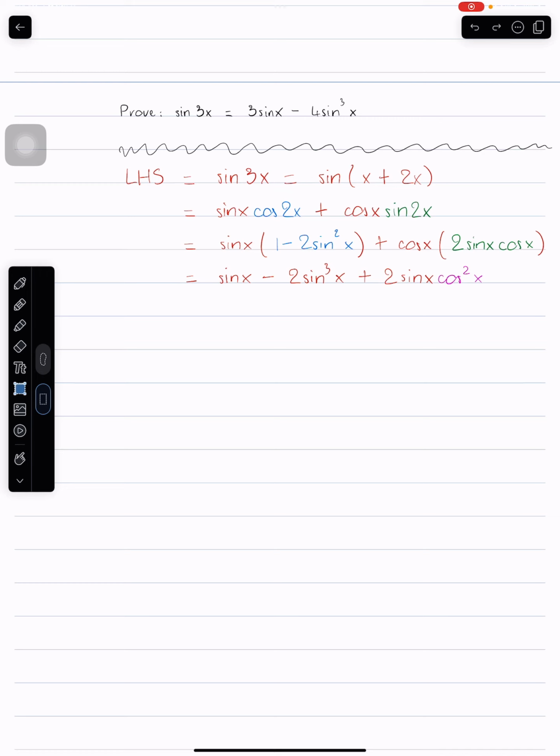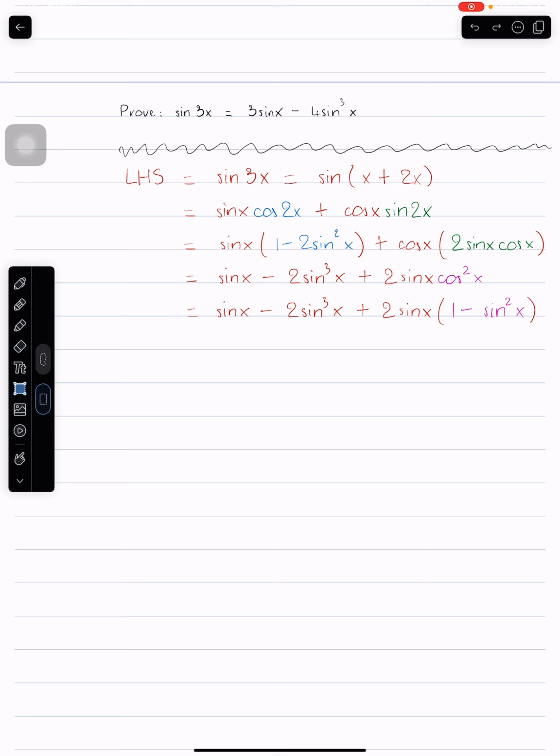And after that, I only want cosine squared to be on its own, so I'm going to subtract sine squared from both sides. And I'm going to have cosine squared equals 1 minus sine squared. So let's put that into the work. In pink, I'm replacing my cosine squared with 1 minus sine squared. And this is the manipulation coming from the Pythagorean identity.